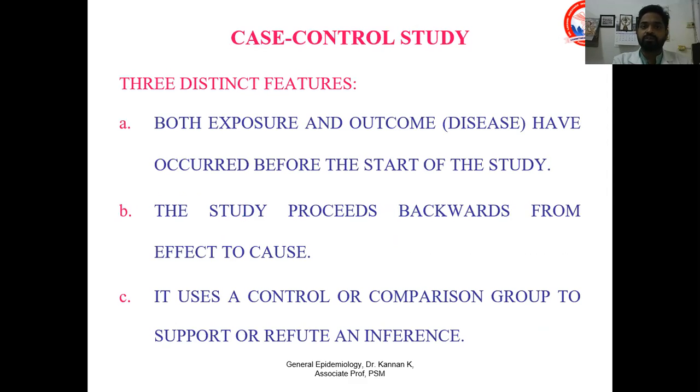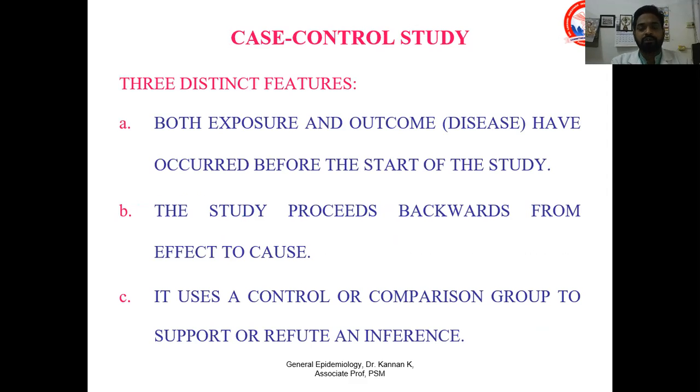First, the case control study. There are three distinct features of a case control study. First and foremost, both exposure and outcome have occurred before the start of the study. Here we start the study once the disease has already occurred in the subjects. So it is retrograde.